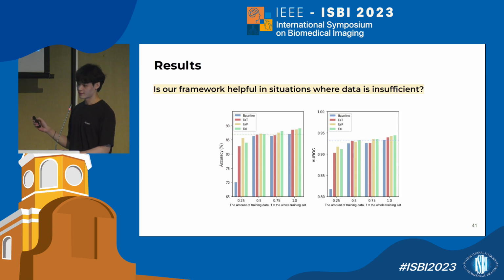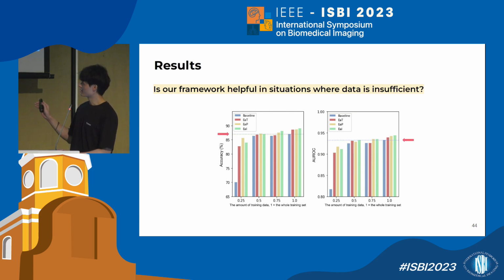As for the last research question, we experiment on a varying amount of training data to see if our framework can still be effective in a data scarce scenario. We found that no matter how much data we give to the model, our settings always outperform the baselines, especially when only 25% of data were given. Our settings achieve much higher performances than the baselines.